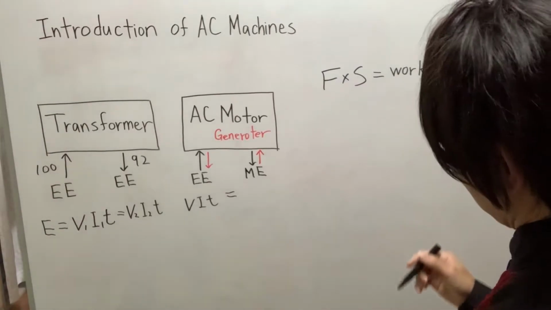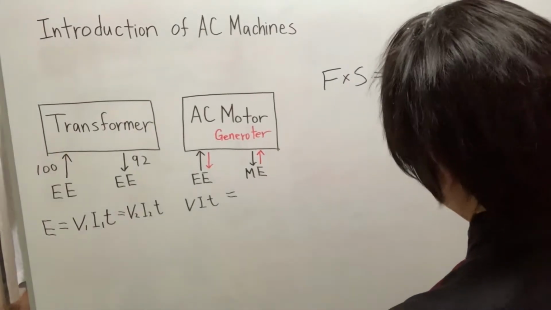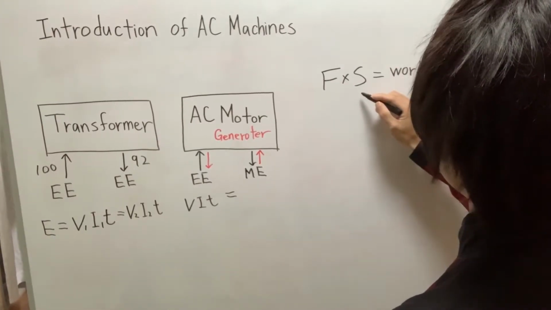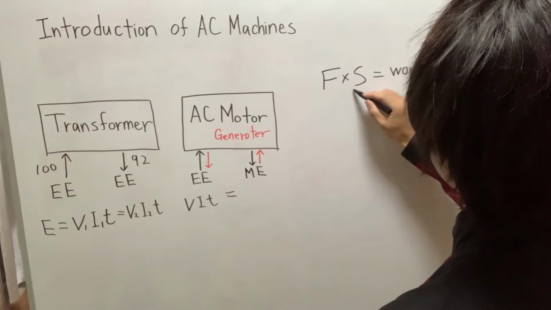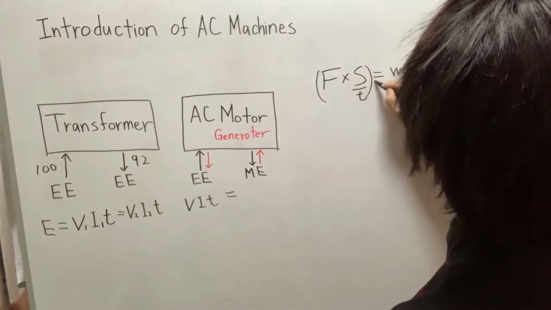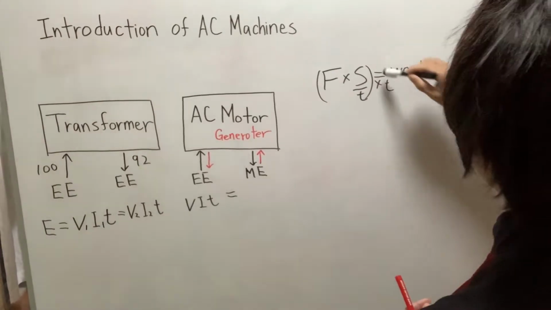So this is a straight line. So let me convert a little bit. If divided by t and multiplied by t, so what is this?